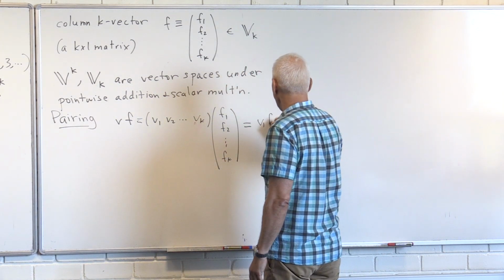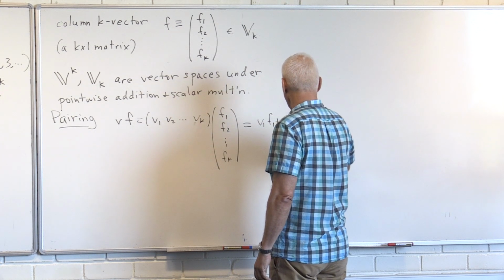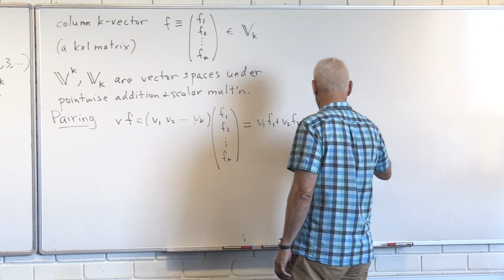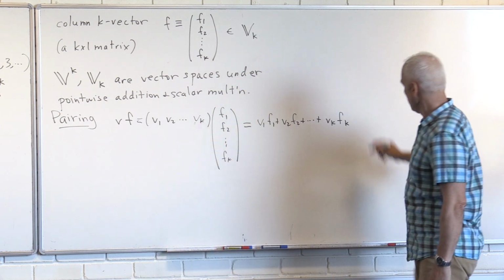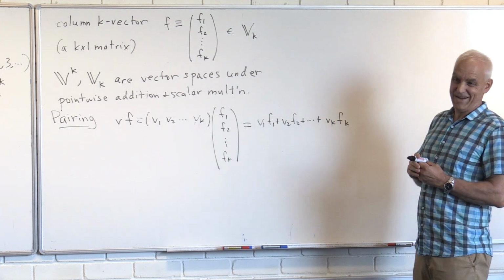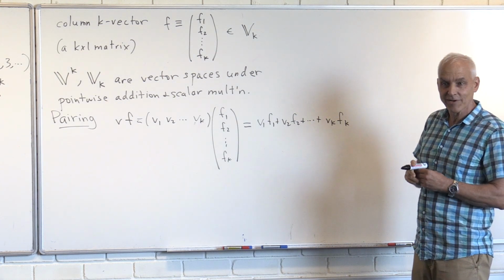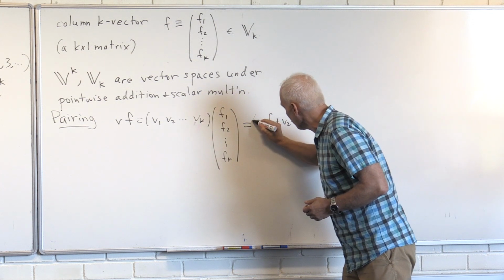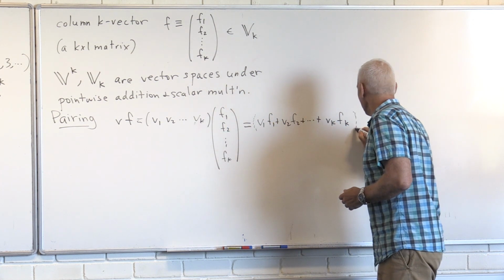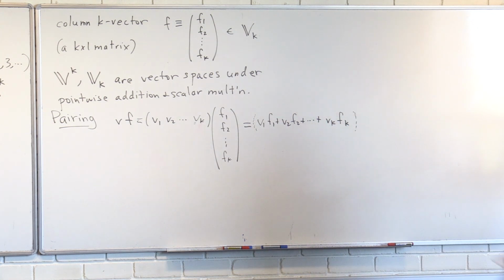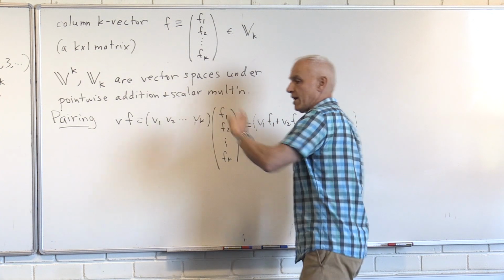So we have v1 f1 plus v2 f2 plus all the way up to vk fk, which is an element in our field. Actually, it's probably a 1 by 1 matrix, to be completely honest. So maybe we should put little brackets around here. But we'll typically just think of that as a number. And that gives us a pairing between these two vector spaces.